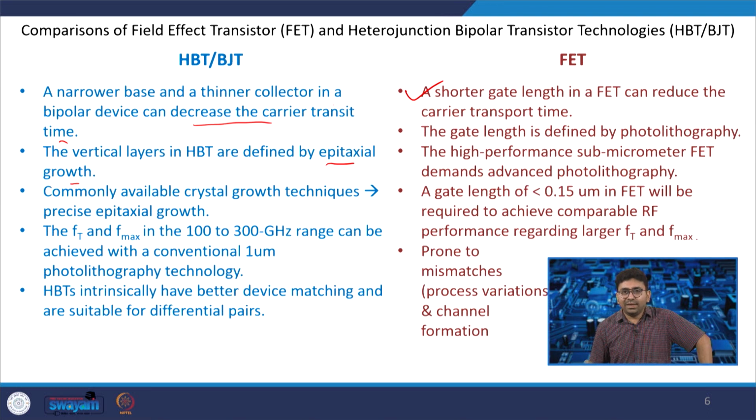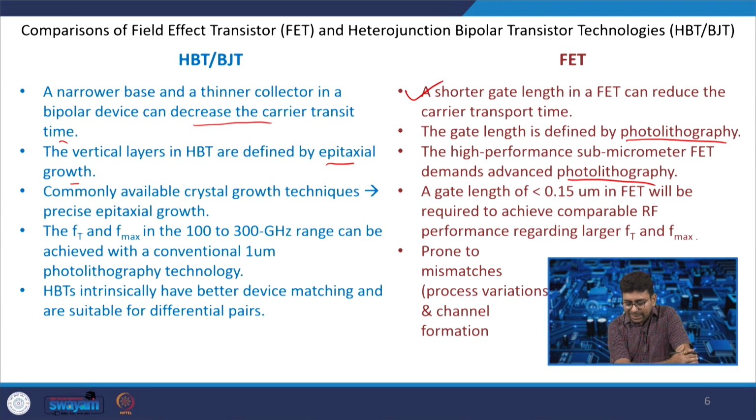The gate length is defined by photolithography, and we all know that the length is reduced every decade and we are getting high performance, and every 10 years the number of transistors on wafers is doubled. So, the high performance submicron FET demands advanced photolithography, because you are going to smaller and smaller lengths. So, the photolithography requirement is crucial here.